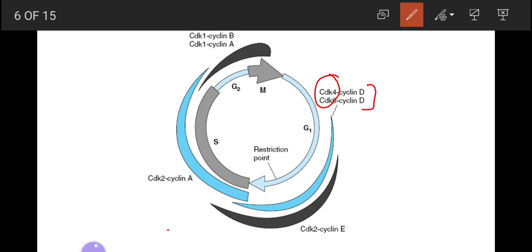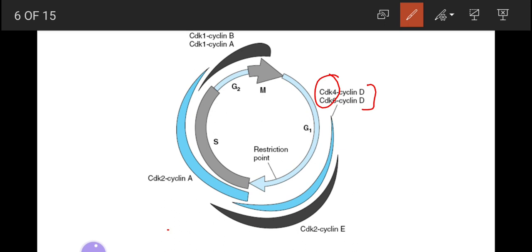Now CDK2 will form a complex with cyclin A. This sequence is very necessary for initiation of DNA synthesis in S phase. After the S phase, the cell will enter into the G2 phase.